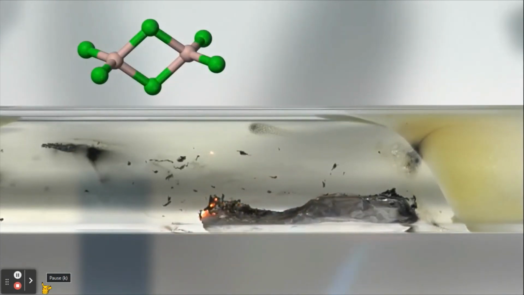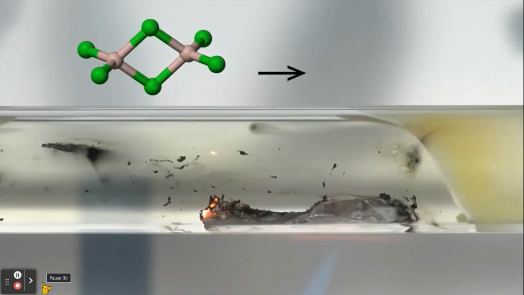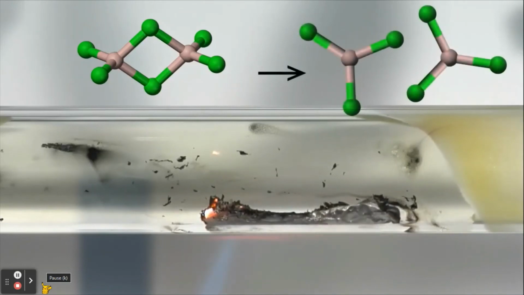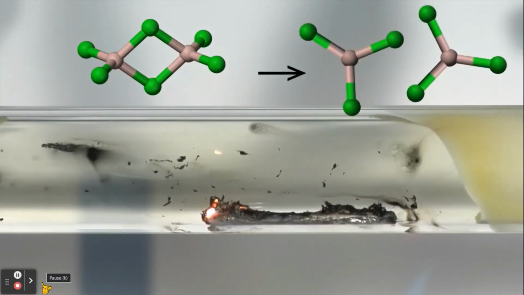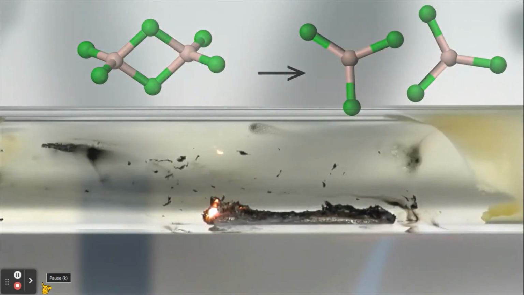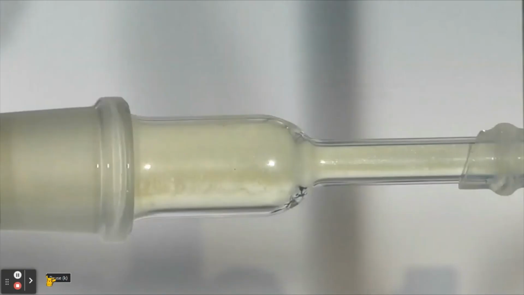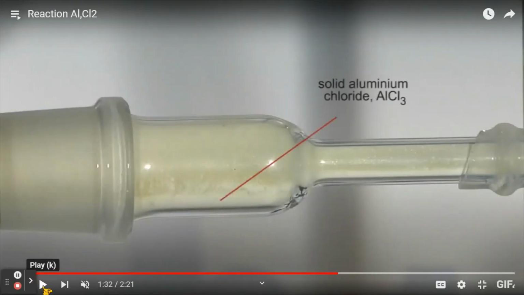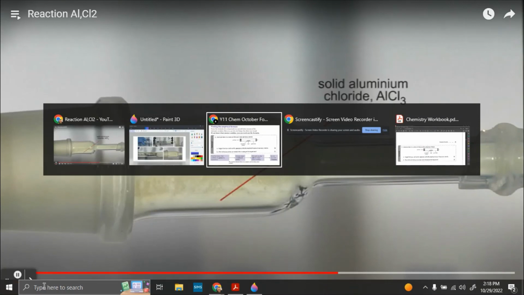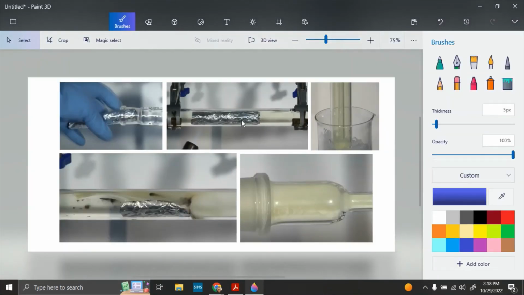So any gain is purely down to chlorine combining with the aluminium, and none of that mass is just raw aluminium remaining behind. Okay, so very quickly, do the reaction, measure the mass again because you've got aluminium chloride.